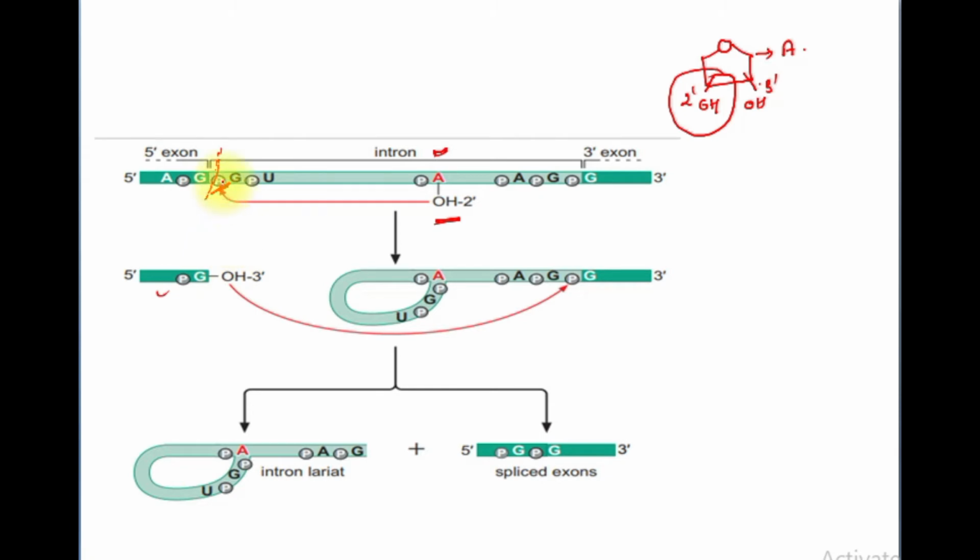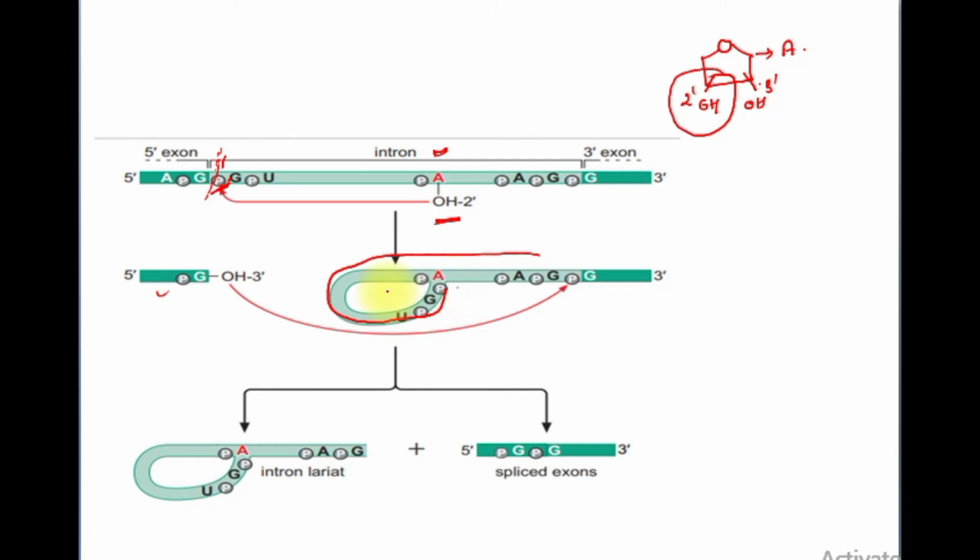When there is a cleavage, the intron is removed from the exon. After the removal, the intron forms a lariat-like structure. This structure is known as a lariat-like structure.